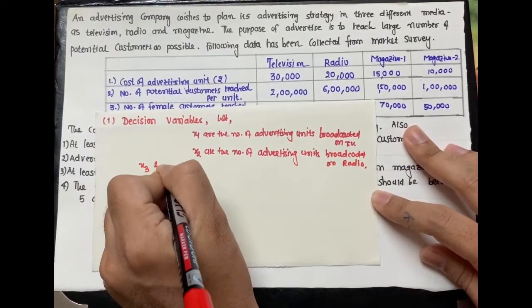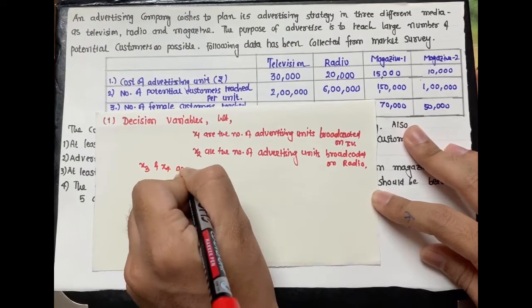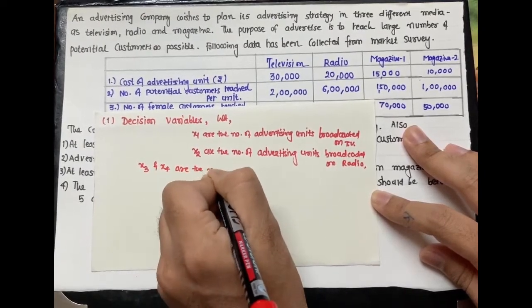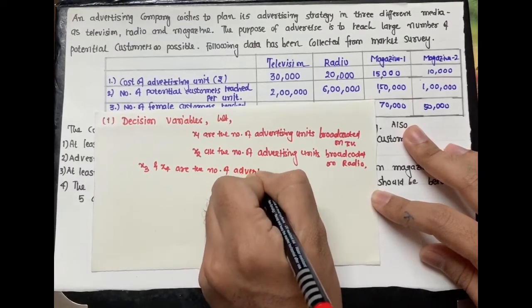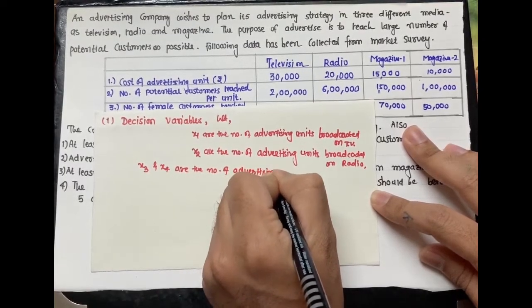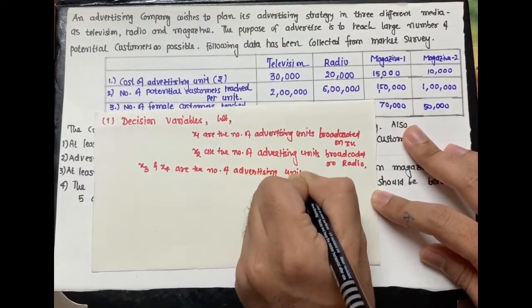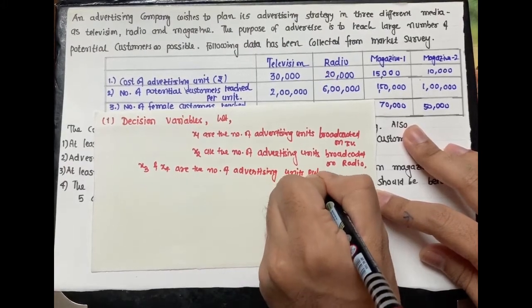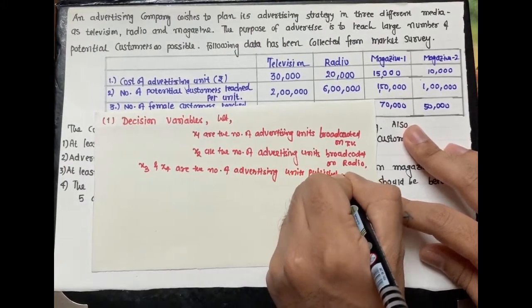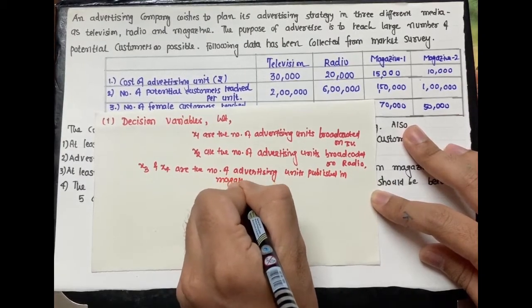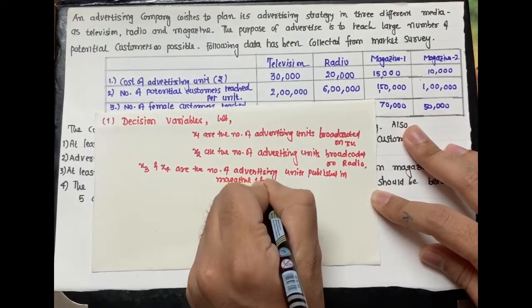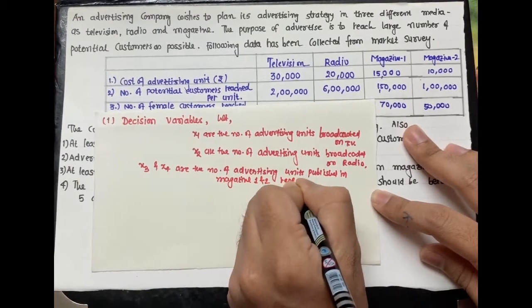x3 and x4 are the number of advertising units published in magazine 1 and 2 respectively.